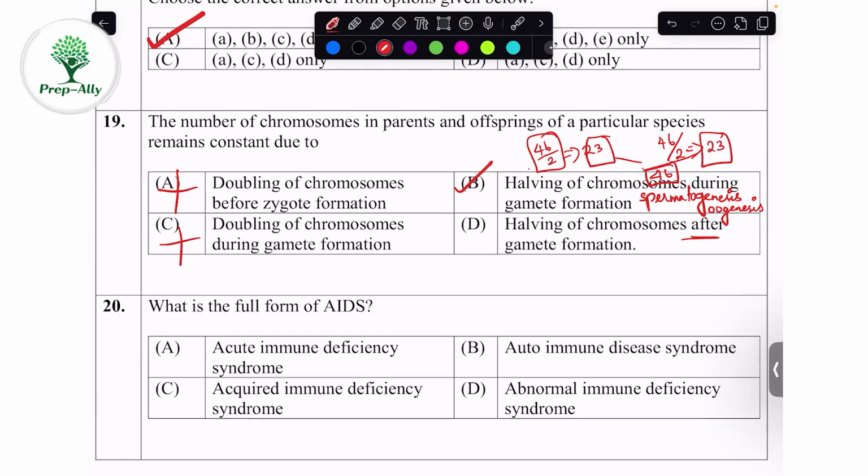The last one, the direct one. What is the full form of AIDS? It's acquired immunodeficiency syndrome. It's not acute. Acute means short-term disease, chronic means long-term disease.